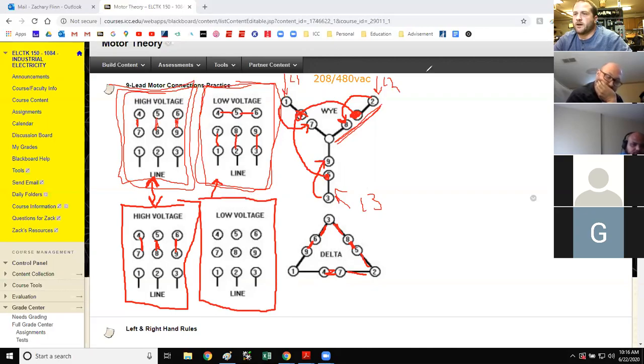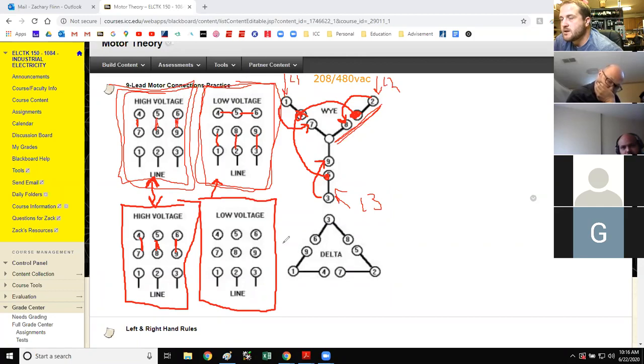So let's look at, here's what I always tell people. For low voltage, are we series or parallel? Parallel, right?